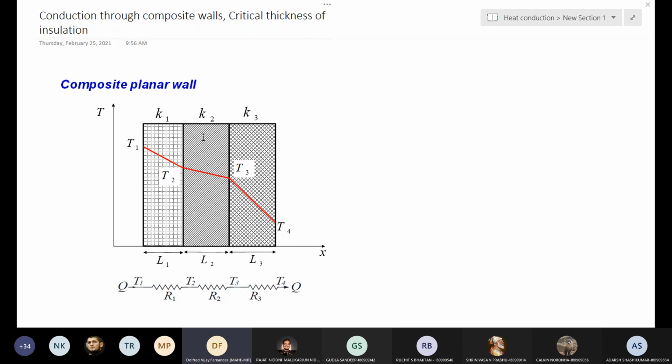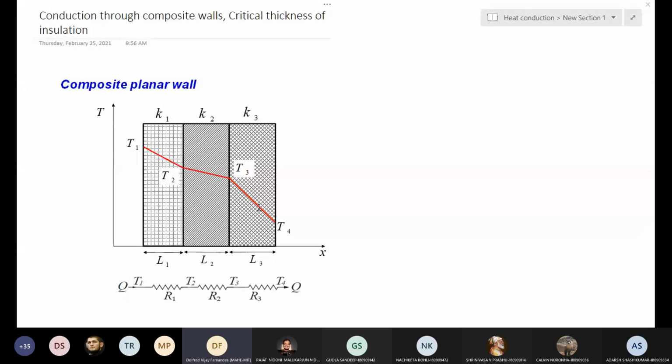Here one more very important point: I have shown the temperature variation in a continuous way, with a slope difference. In the first wall the slope is more compared to the second one, and in the third one the slope is the largest, right?